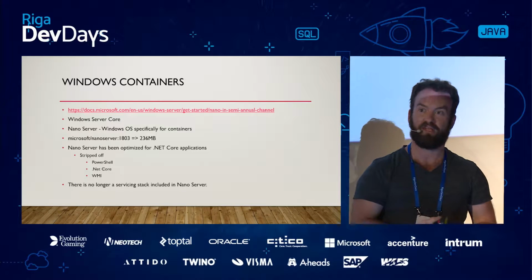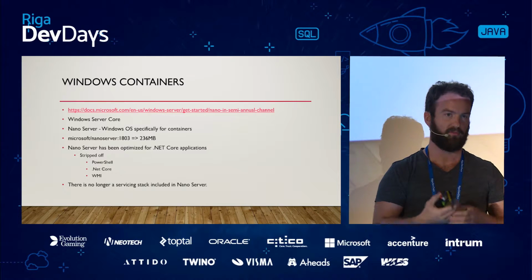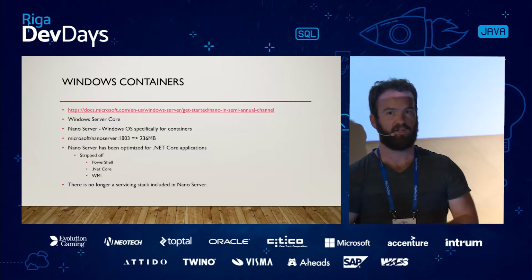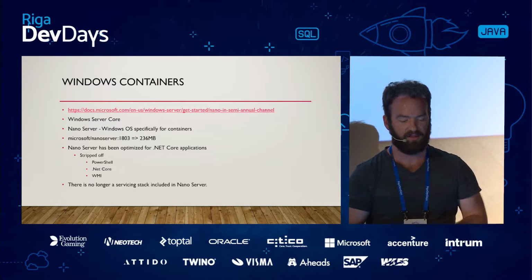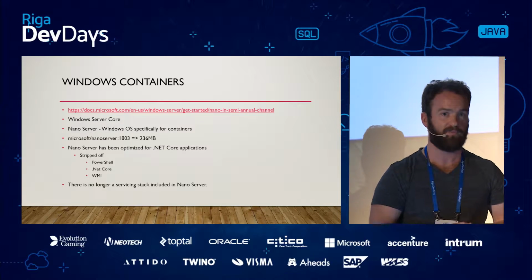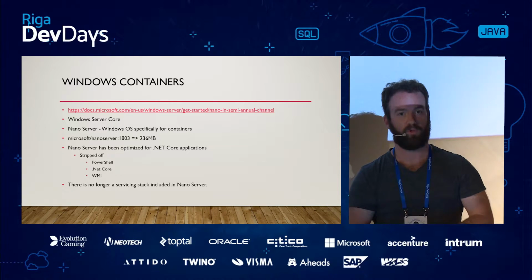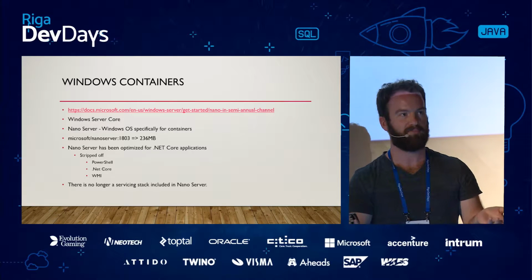All right, Windows containers. They are pretty new to the Microsoft ecosystem. They really just went into GA with Windows Server 2016, so fairly recently. And initially, it was really just Windows Server Core. Windows Server Core, if you don't know, is a full-blown Windows Server operating system, just without the UI.